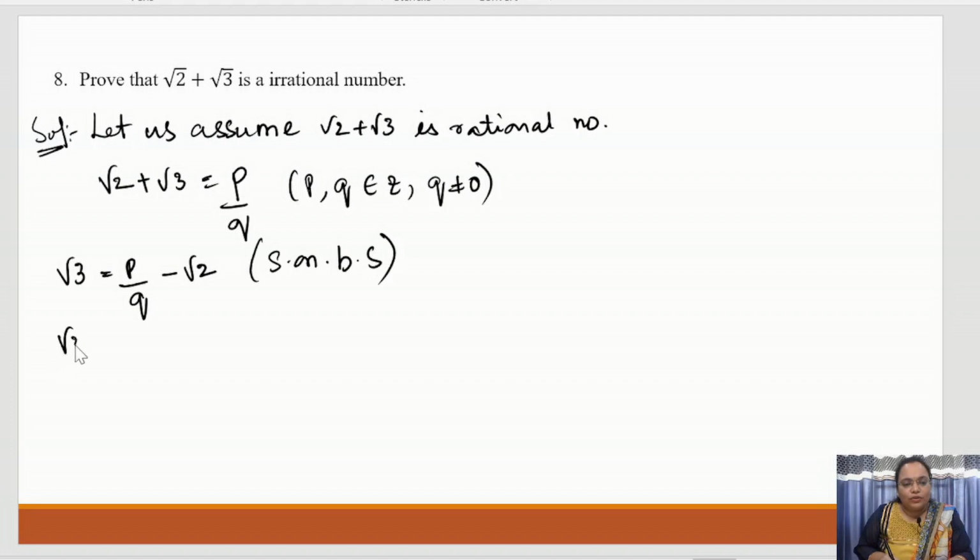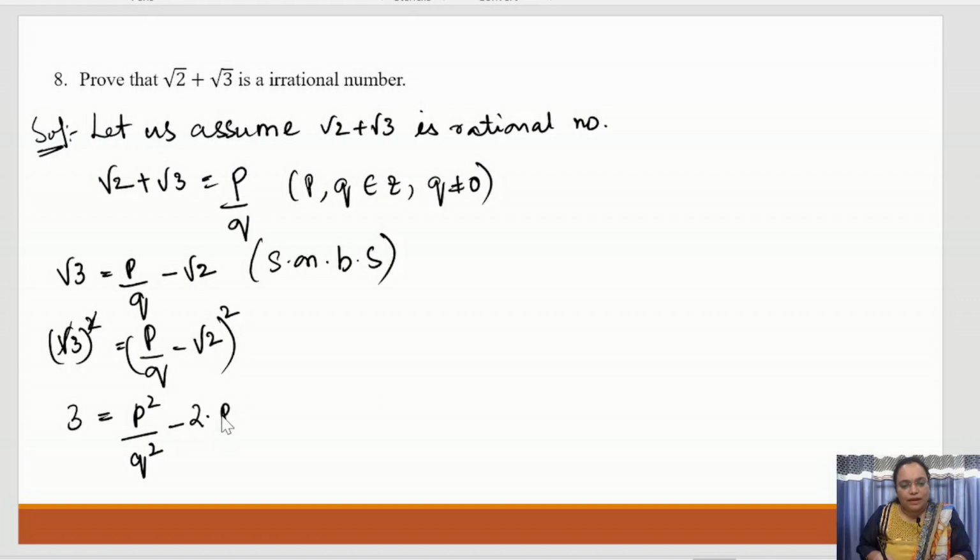Now see here, let us do squaring on both sides. You will get root 3 whole square is equals to P by Q minus root 2 whole square. Here root and square will get cancelled. You will have 3 is equals to, this is in the form of A minus B whole square. So P square by Q square minus 2 into P by Q into root 2 plus root 2 whole square is, you will have 2.